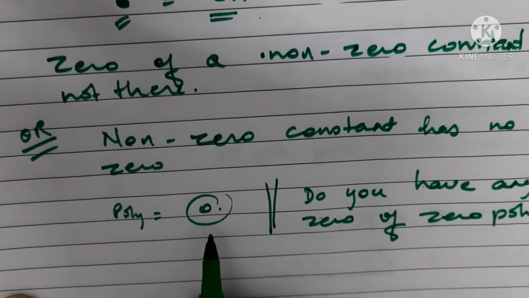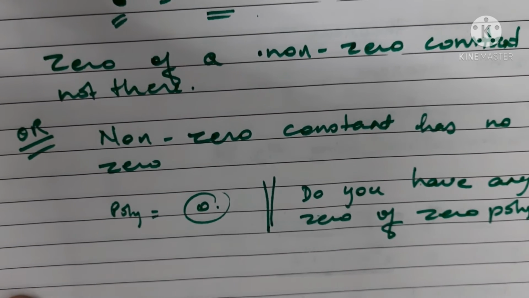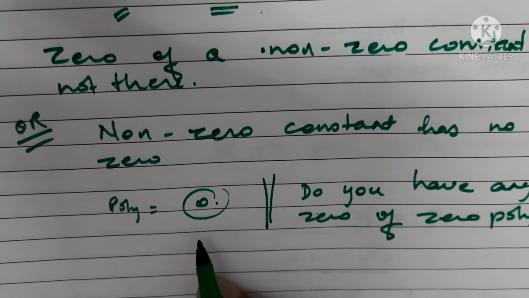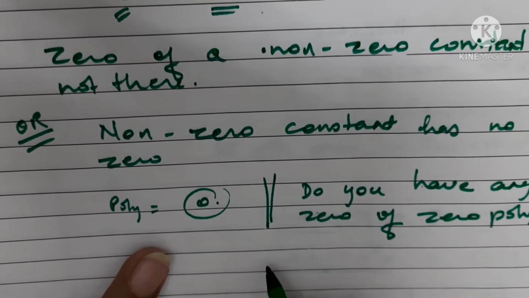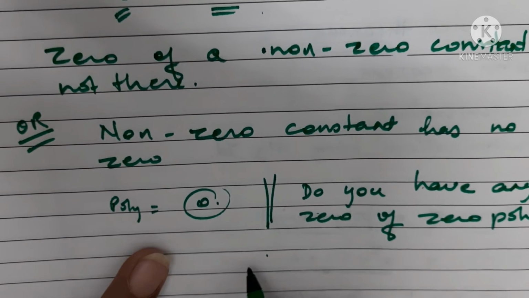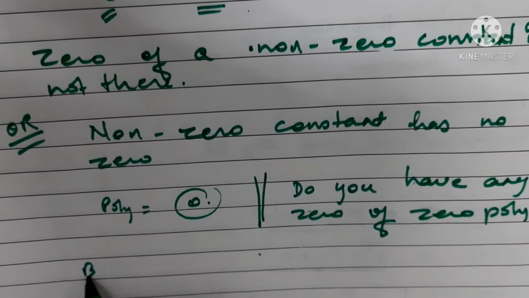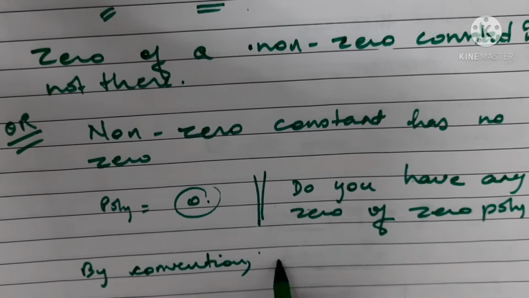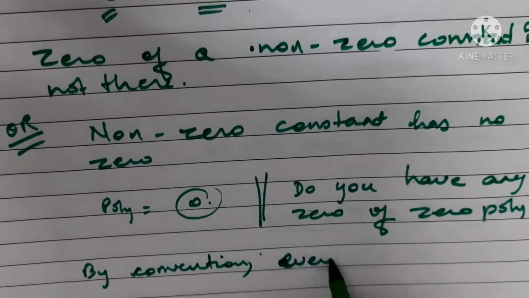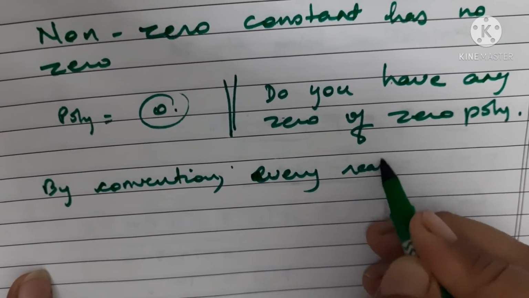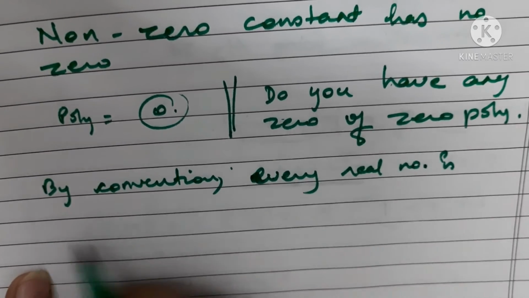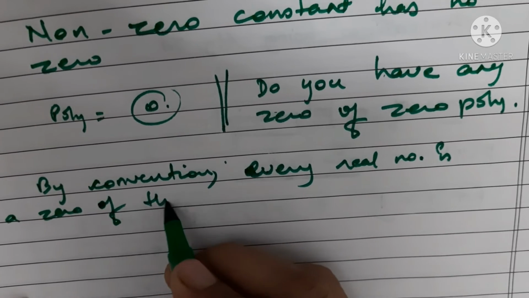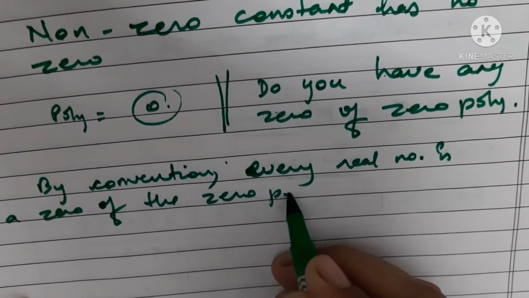Say this is the 0 polynomial. So we'll say that every real number, by convention, मान लिया गया है by convention, that every real number is a 0 of the 0 polynomial.